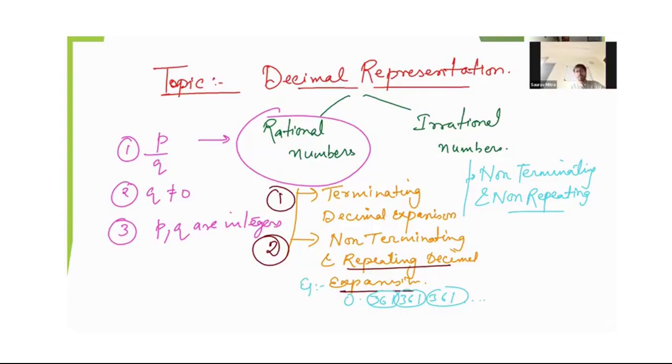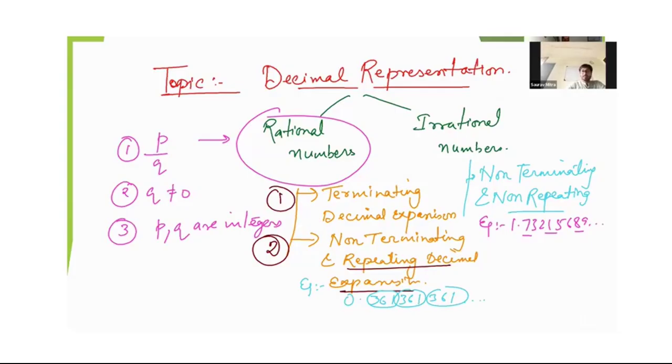But here, non-terminating and non-repeating means that after the decimal, say 1.7321568, and so on, your digits are not repeating and it is not terminating either. So these are the cases for an irrational number in terms of decimal expansion.